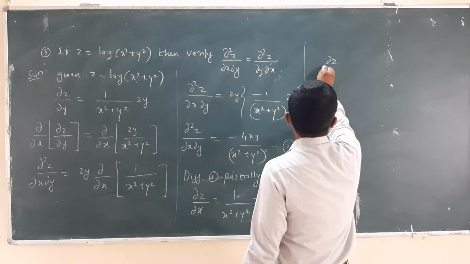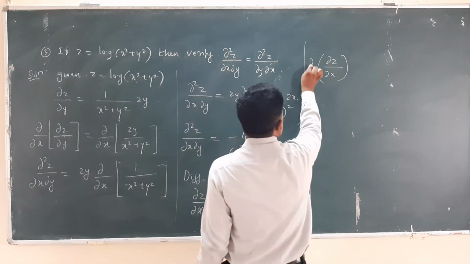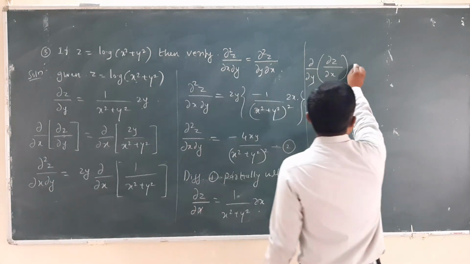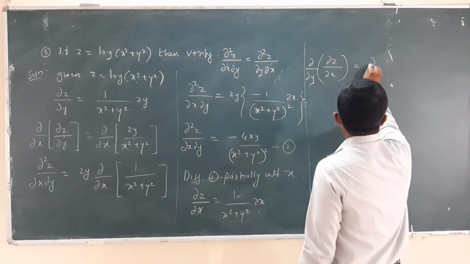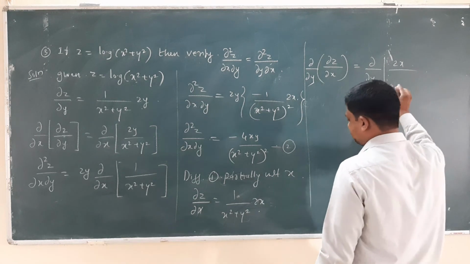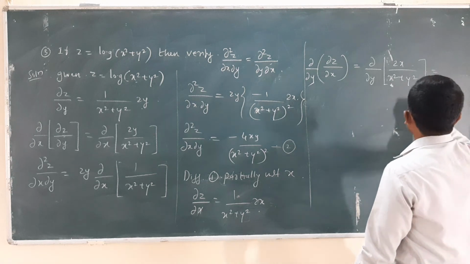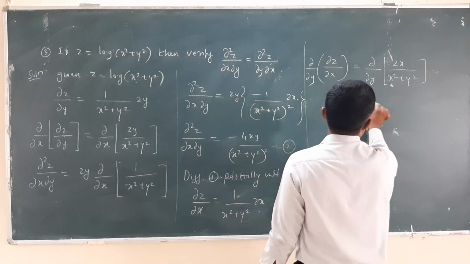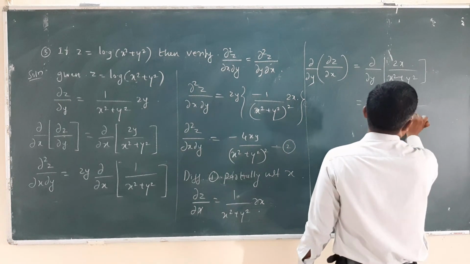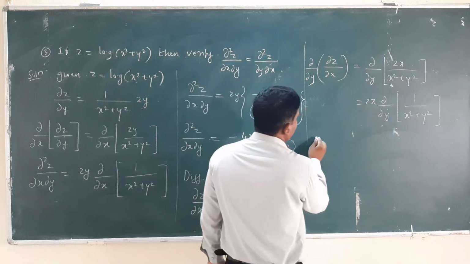Therefore ∂z/∂x is 2x upon (x² + y²). I will differentiate this with respect to y. This implies ∂/∂y of 2x upon (x² + y²). Here 2x is constant, ∂/∂y of 1 upon (x² + y²).